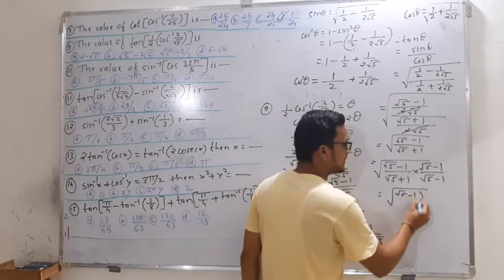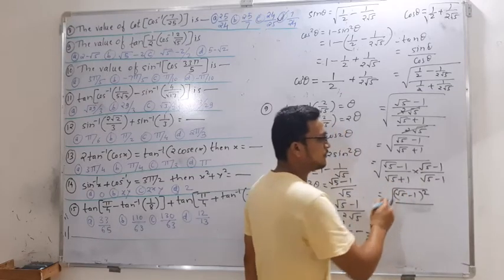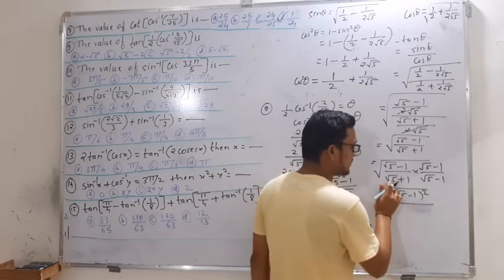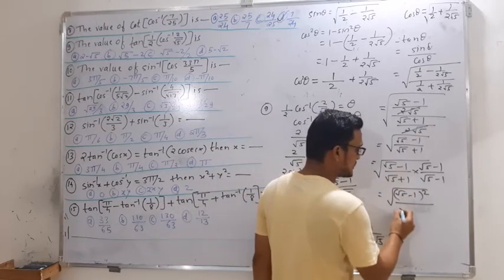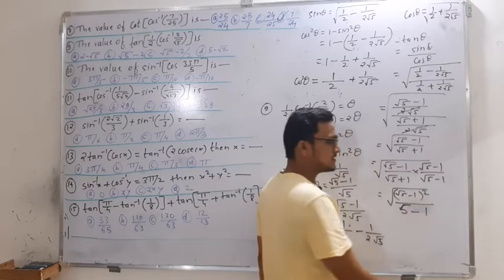So it is the root of root 5 minus 1 whole square divided by, using the identity a plus b, a minus b, which is a square minus b square. Root 5 square is 5, minus 1 square is 1.